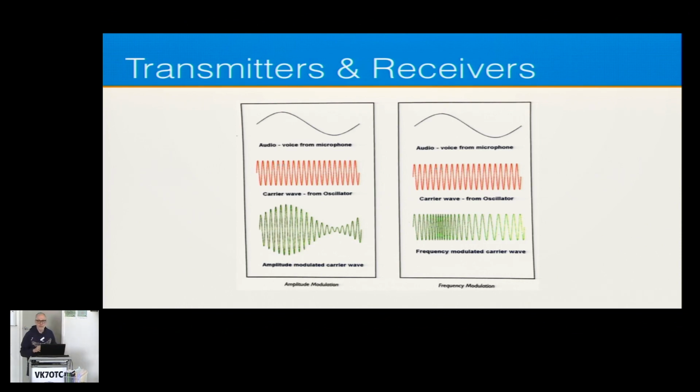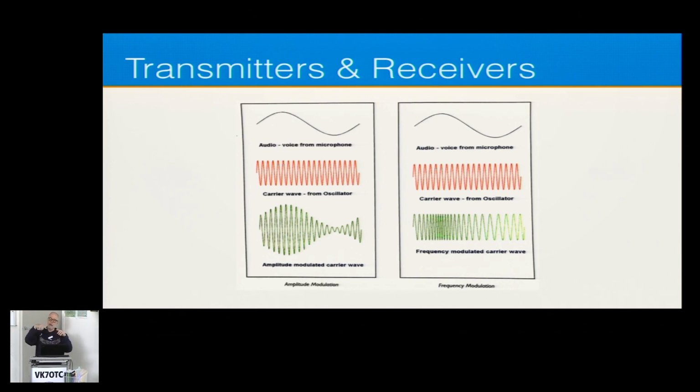And in fact, most of the digital modes that we use are based on audio frequencies, tones in audio frequencies. So this is a visual representation. When I talk about amplitude modulation, the top picture is very low frequency, and you can see it's really stretched out, versus your carrier wave, which is much higher frequency, alternating much, much quicker.